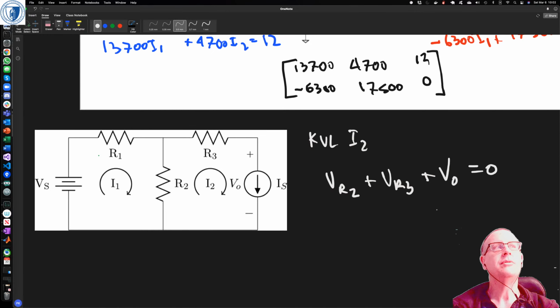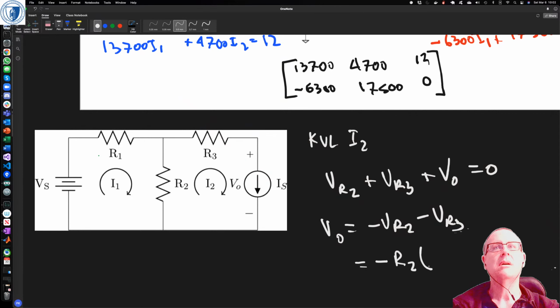Okay, from the point of view of I2. So V out is equal to minus VR2 minus VR3. And minus VR2 is minus R2 times I2 minus I1. Right? And then minus VR3 is minus I2 R3.